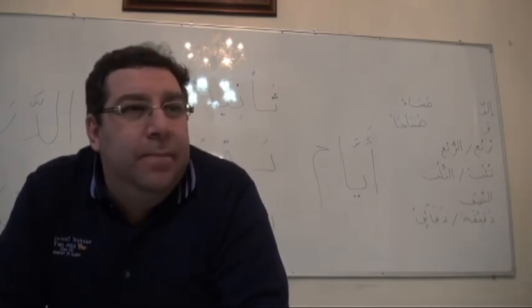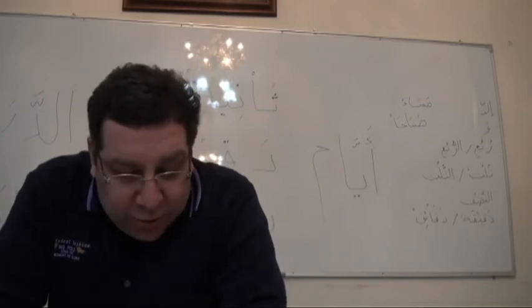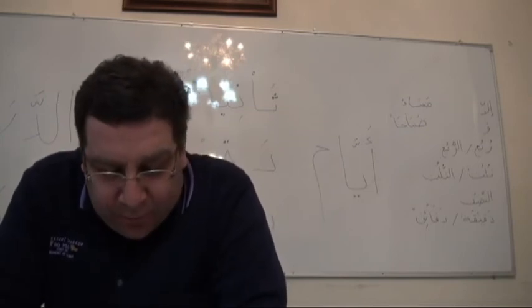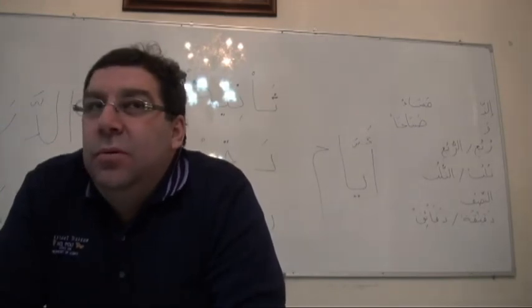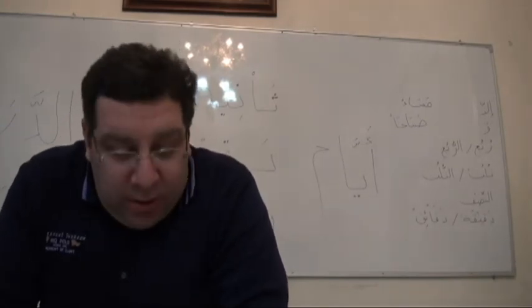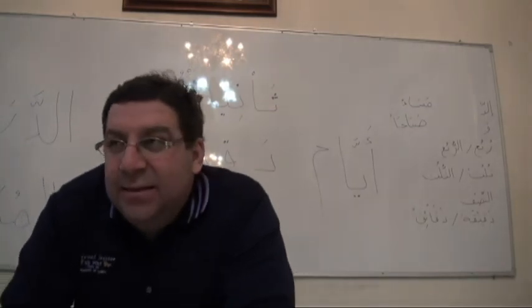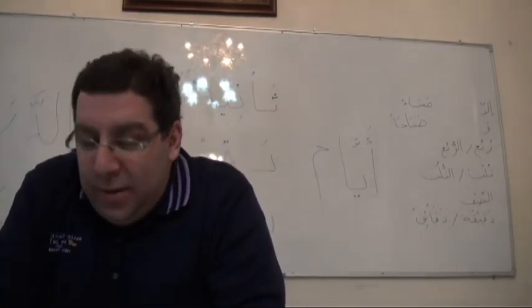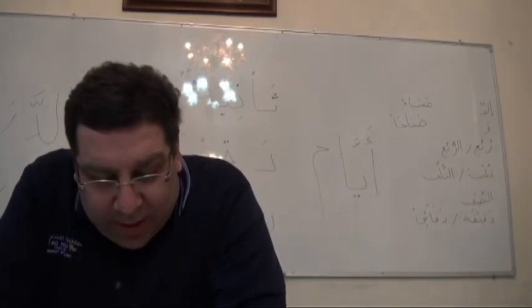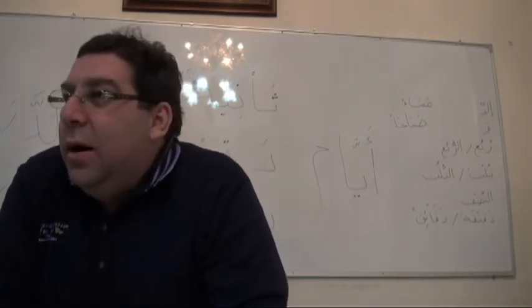أربع وعشرون. What is the meaning of أربع وعشرون? 24. ساعة means hour. So الأسبوع 7 أيام واليوم 24 ساعة.